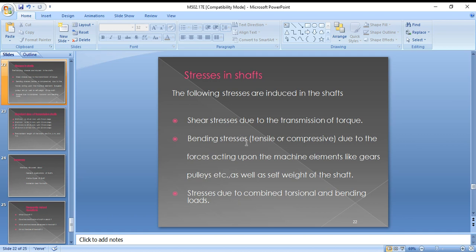Axles have bending stress, and only shear stress exists if the shaft doesn't have any external parts. If the shaft has transmission as well as external parts, it has combined torsional and bending stresses. So these are the stresses in the shaft, and based on these stresses, you need to design the shaft.